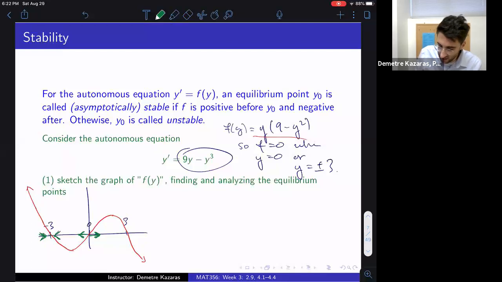Likewise, over at 3, it looks like the function wants to increase into that. And if your solution is a little bit bigger than 3, the equation wants to push you down. So we got 2 stable points. So plus and -3 are stable, and 0 is unstable.